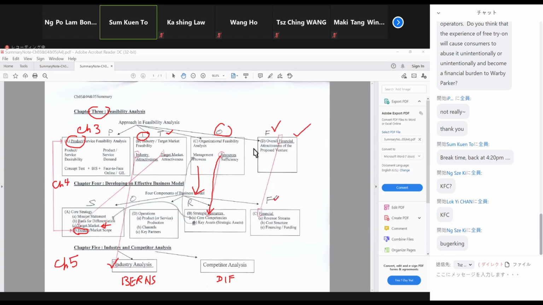So these are the interconnections among all these, okay? Chapters 3, 4, and 5 are the important part for your business plan. And later on, after I finish chapter 5, before I start chapter 6, I will show you another concept map so that you can have a better understanding of the flow of the lecture notes, the logic, teaching chapters 1, 2, 3, 4, 5, 6. They are interrelated and also in a logical sense.